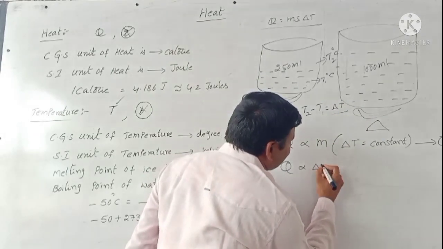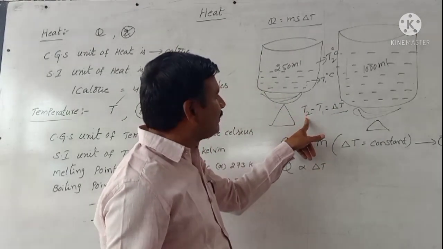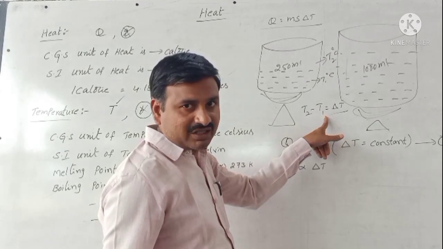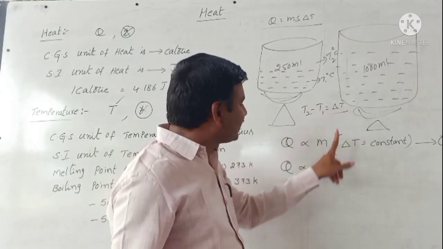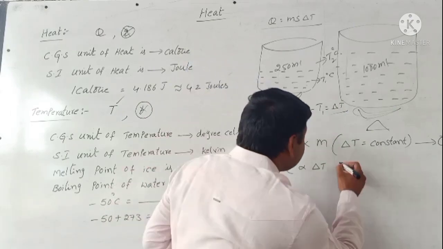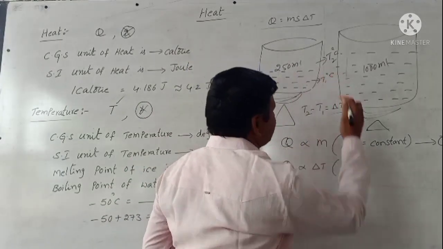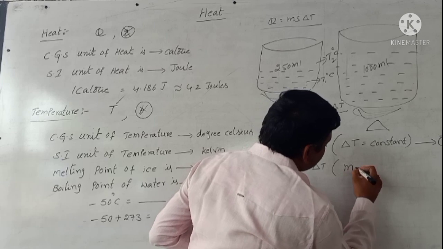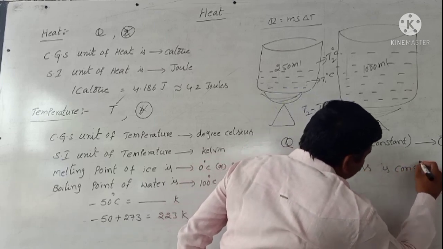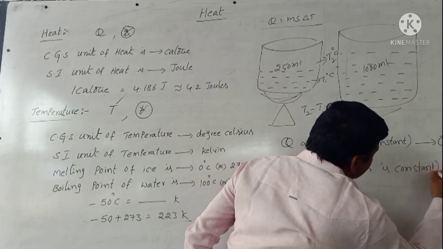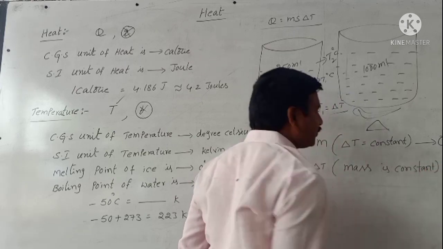Delta T means final temperature minus initial temperature, when m, the mass, is constant. This is equation number 2.